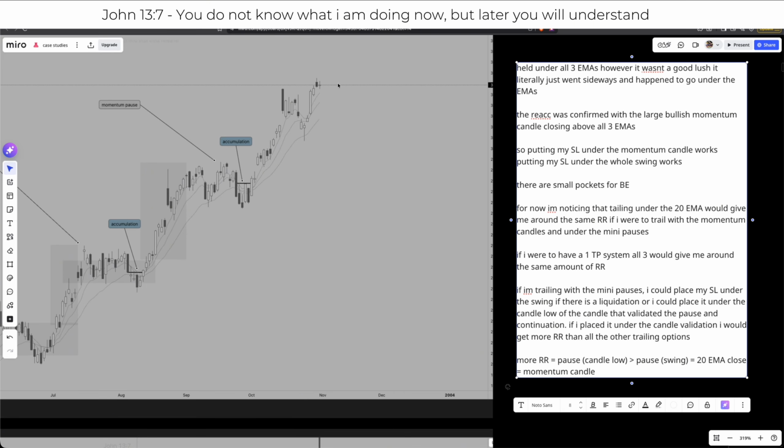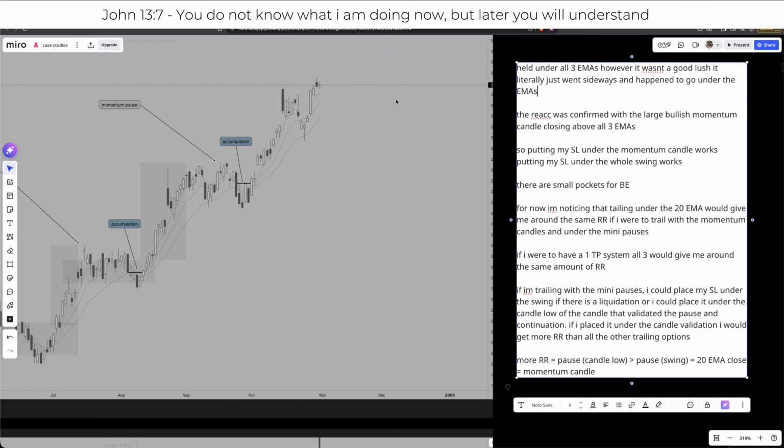I should have collected more data here with this. I should have advanced it a little bit more. But it works. There's small pockets for PE. So with the 20, I didn't collect enough data for the 20, but it looks like it probably would have broken down, because I usually cut it off before the breakdown or the break up if it's a bearish market.